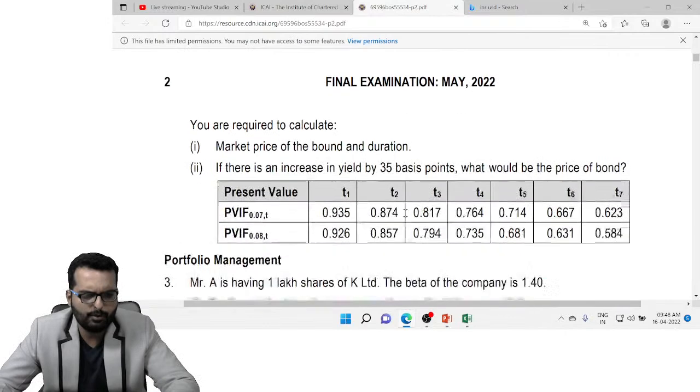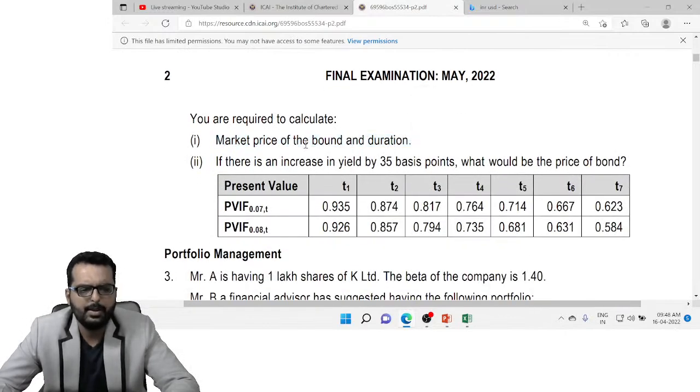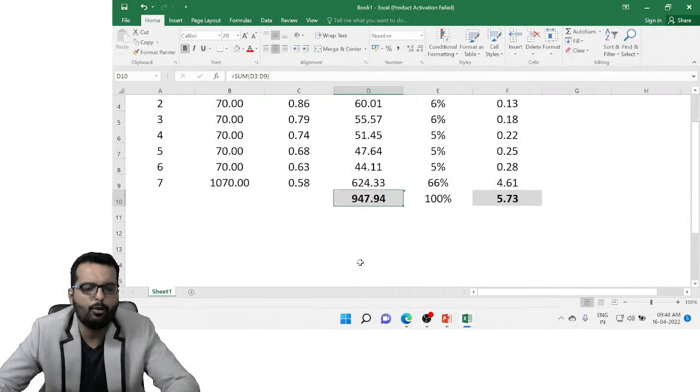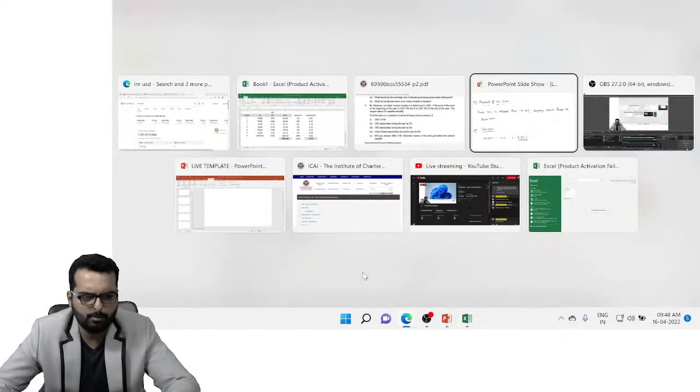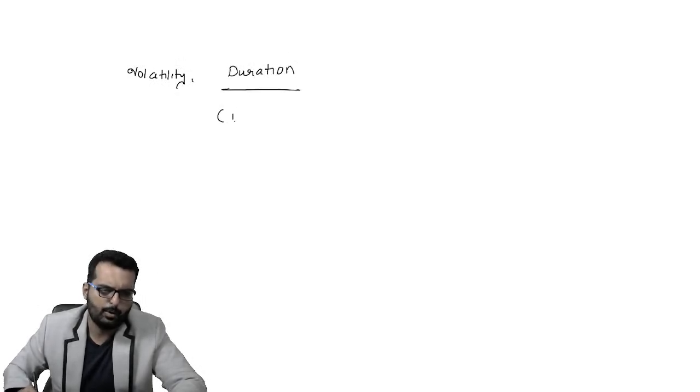They are asking for the market price of the bond, and if there's an increase in the yield by 35 basis points, what would be the price of the bond? So they're asking for volatility. We already know the formula for volatility. What is the formula for volatility, friends? Volatility, the formula is duration divided by 1 plus yield.